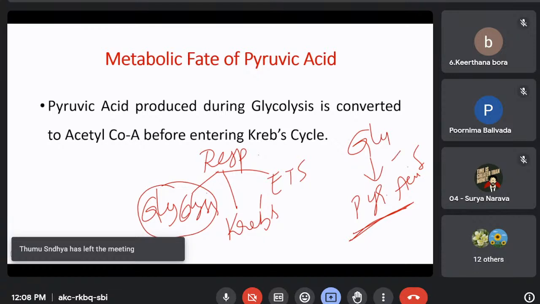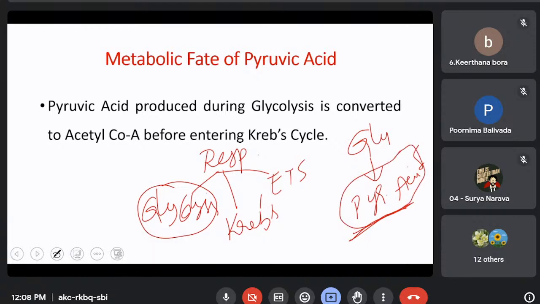And this pyruvic acid does not enter the Krebs cycle directly. All these are interconnected. Glycolysis is followed by the Krebs cycle, which is followed by the electron transport system. So first glycolysis has to take place, and next it has to be followed by the Krebs cycle.